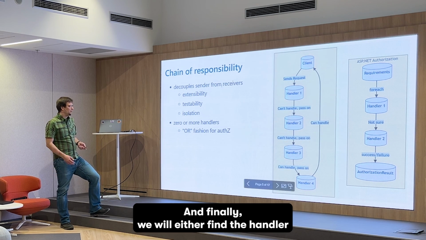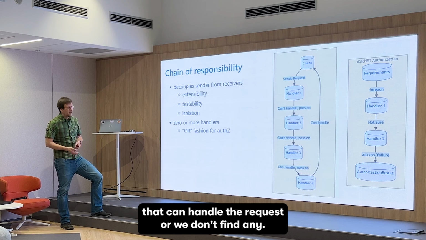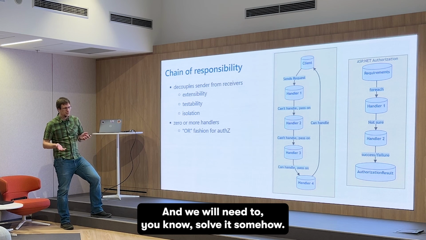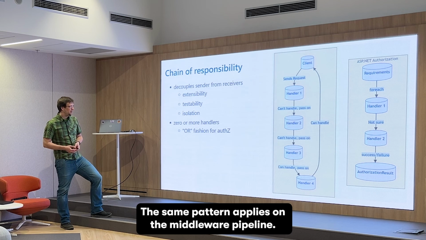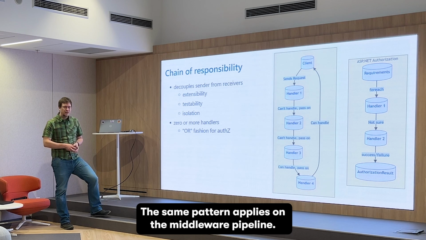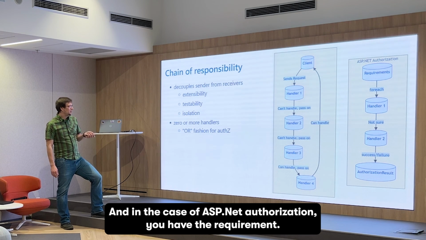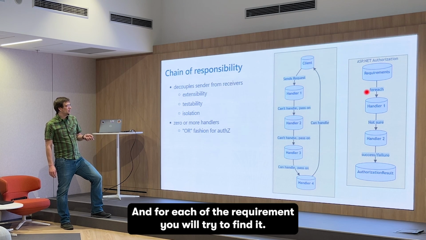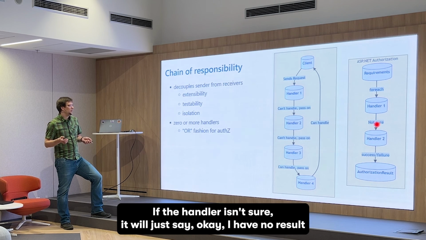And finally, we will either find the handler that can handle the request, or we don't find any, and we will need to solve it somehow. In the end, the same pattern applies to the middleware pipeline. And in the case of ASP.NET authorization, you have the requirement, and for each of the requirements, you will try to find that handler. If the handler isn't sure, it will just say, okay, I have no result.